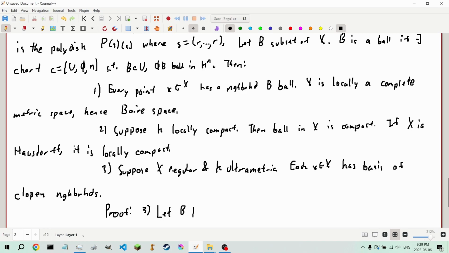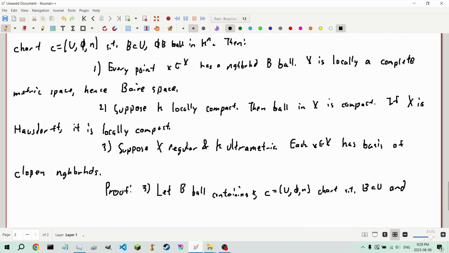Let B be a ball containing x, and C be a chart such that its open set contains our ball, and that our ball is actually a ball under its map. It's a ball in K^n.